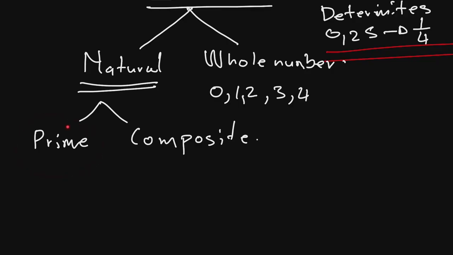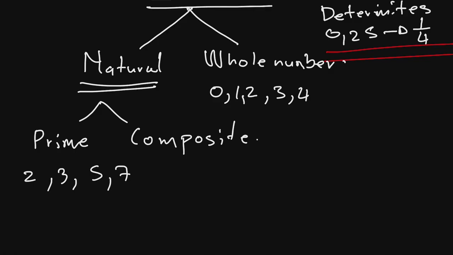Prime numbers are all the numbers that are only divisible by 1 and themselves. For example, if you look at the numbers 2, 3, 5, and 7, they are only divisible by themselves and 1.